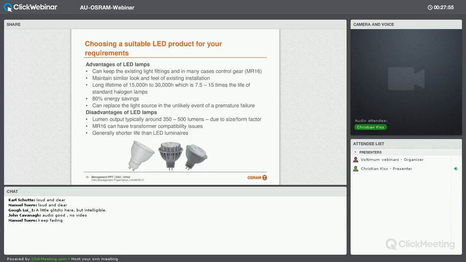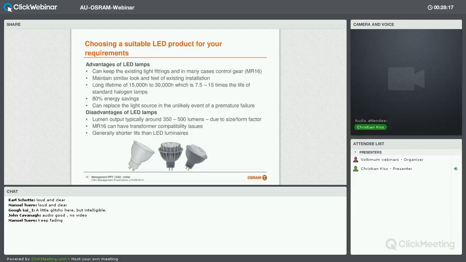You can get some higher lumen outputs on some products, but what you'll find is that they're either a very large form factor and may not necessarily fit into your fittings. So MR16 lamps, as I mentioned at the top, can have transformer compatibility issues.